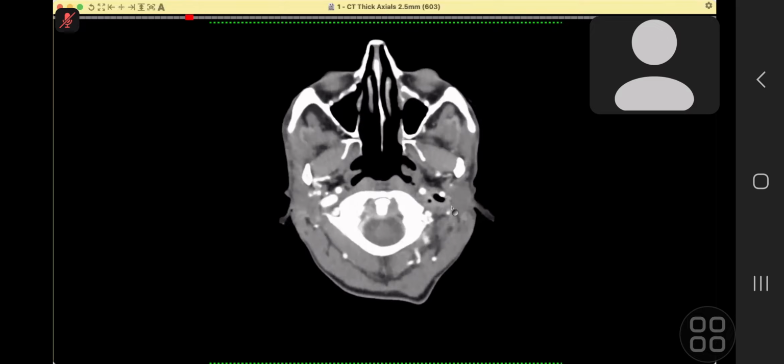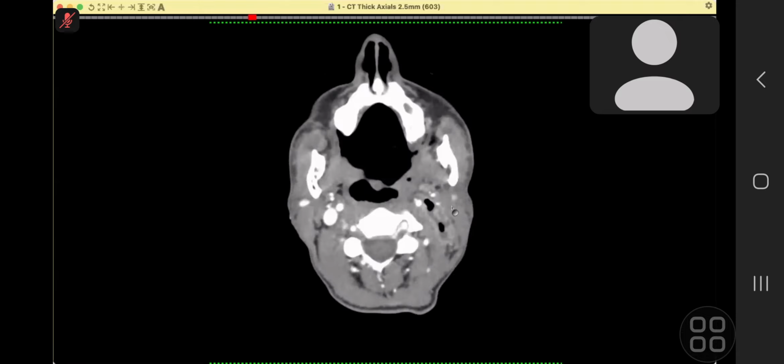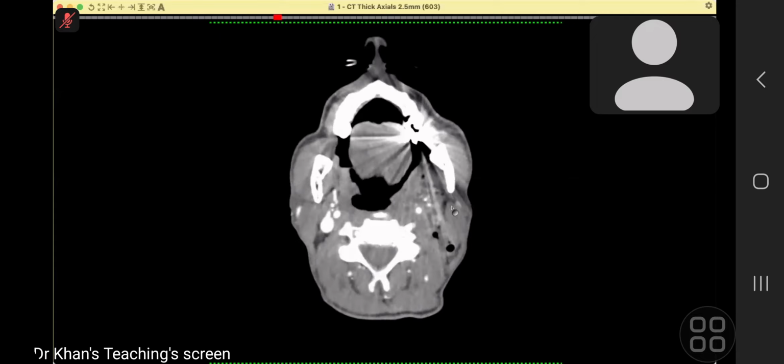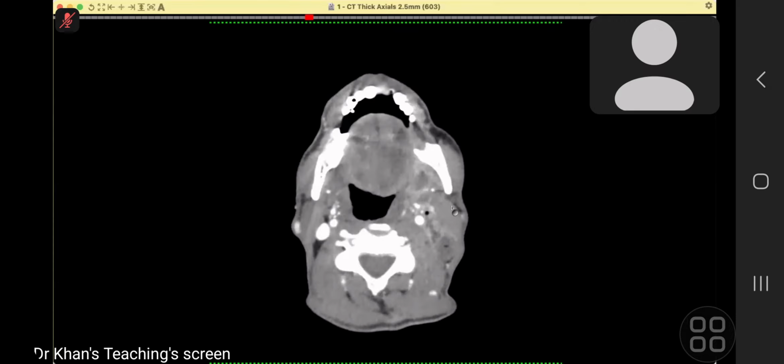The nasopharynx area looks normal, and as I'm coming down, the oropharynx area also looks normal to me. But as I come further below, in the area of the hypopharynx and the larynx, I can see soft tissue thickening on the left side.